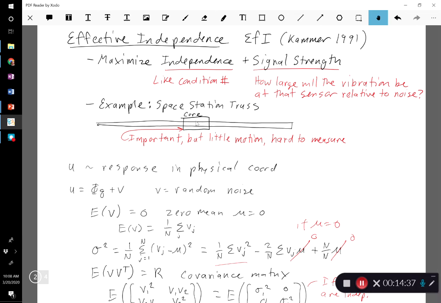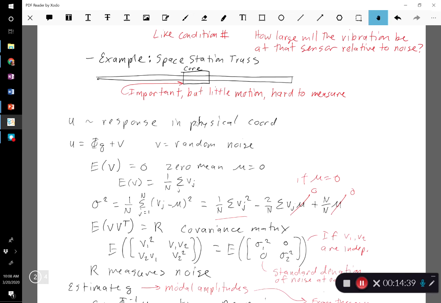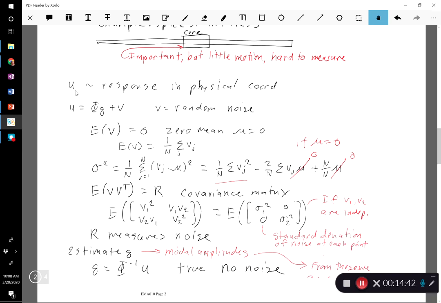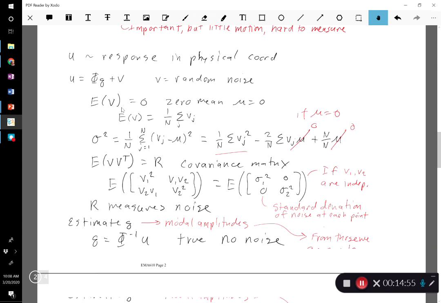So one of the foundations of the effective independence method is this idea that our response is a superposition of the mode shapes and the modal amplitudes, but it will be contaminated by noise.